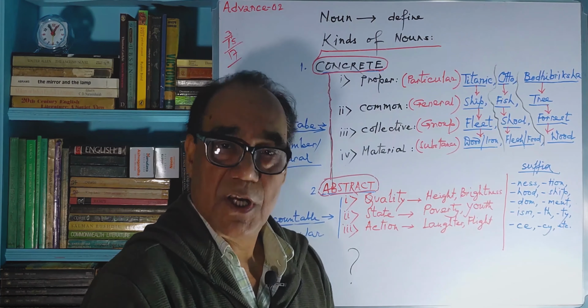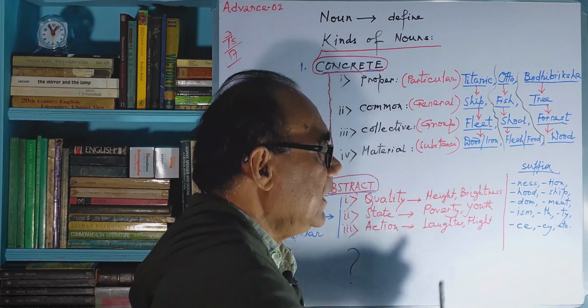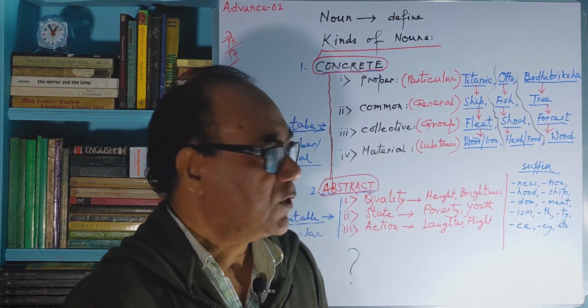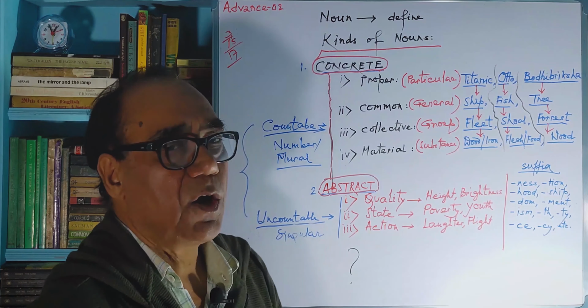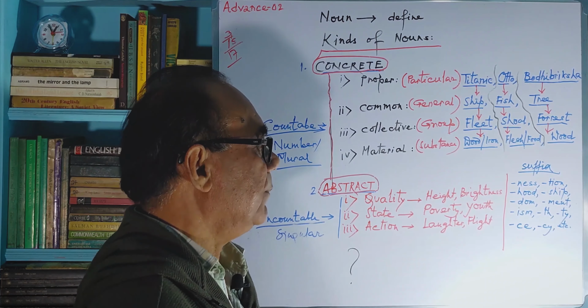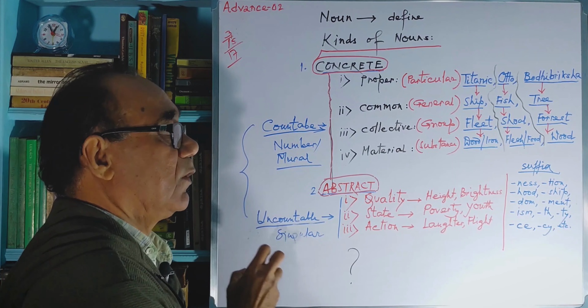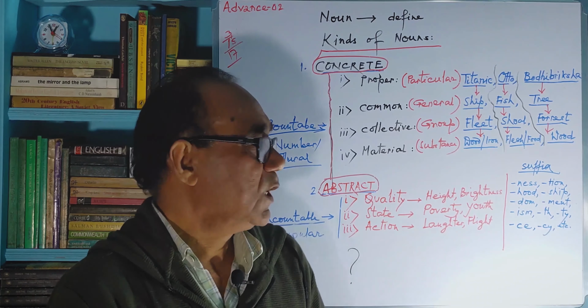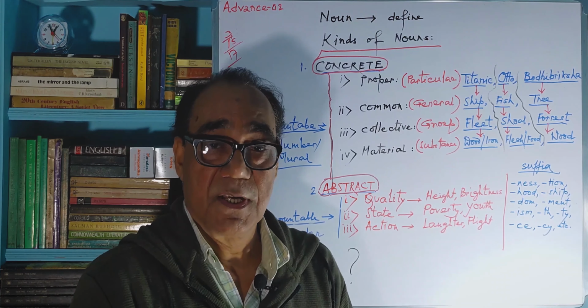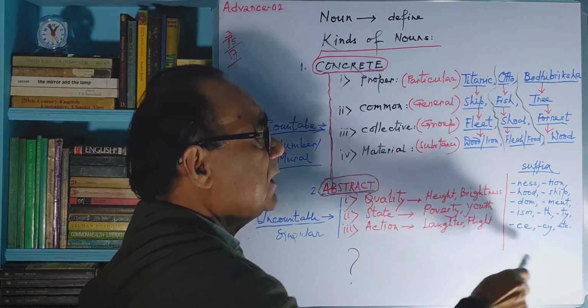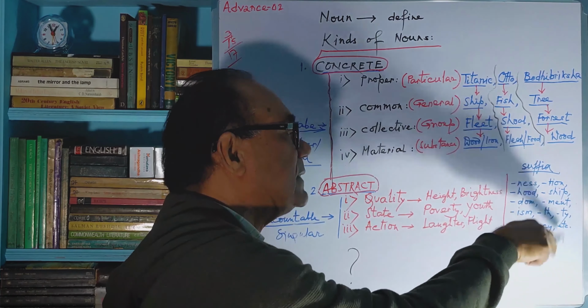Ce, justice. Cy, policy, etc. These things, say either it's kindness or friendship or freedom, are uncountable. You cannot count friendship, you cannot count justice. That's why it's very difficult to use the plural form in these cases.